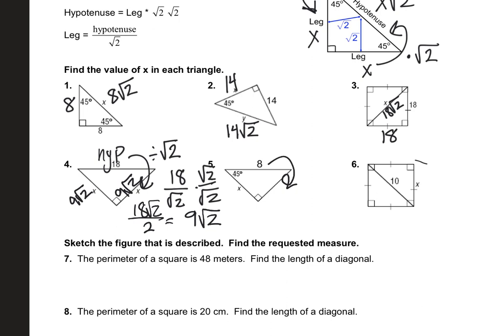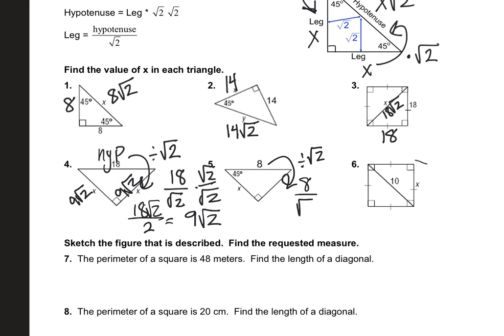Dividing by radical 2. So everybody go ahead and try to divide 8 by radical 2. You either have a calculator that can spit out the answer or you don't. So if you don't, you need to figure out how to do it by hand. The only ones that are going to do it for you is the Smart View.